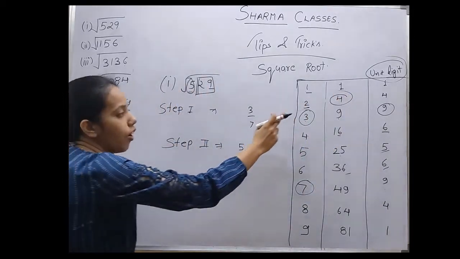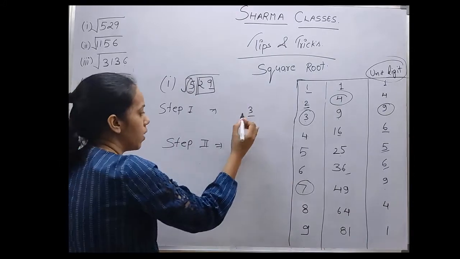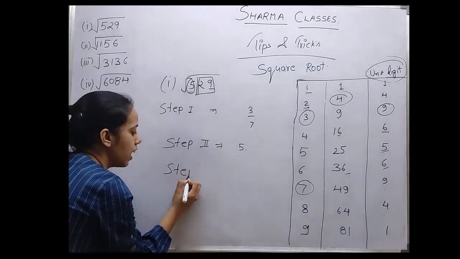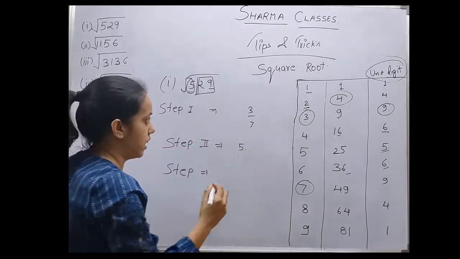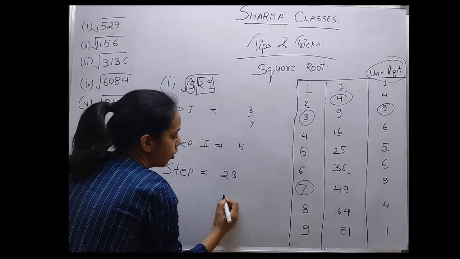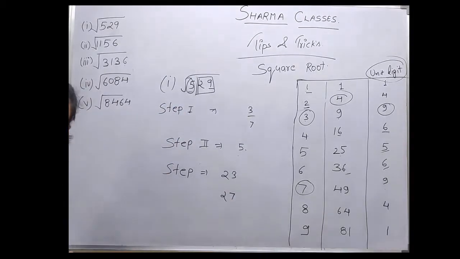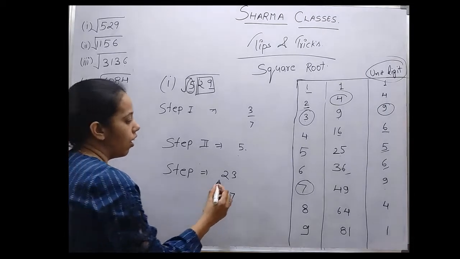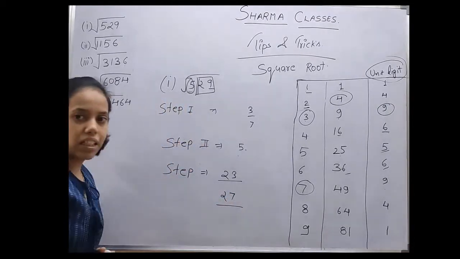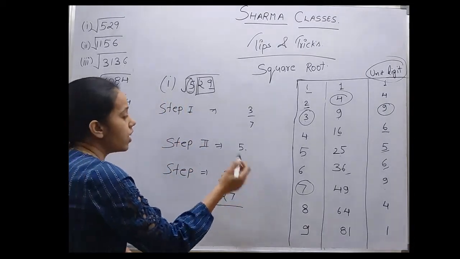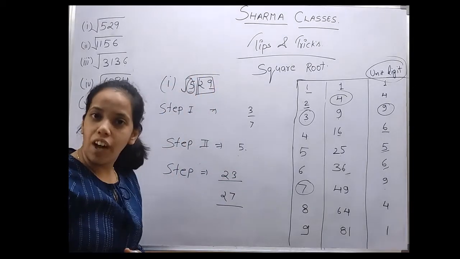That means step 3, we have 2 digits, 23 and 27. Now we have to compare these to find which is the perfect square root of 529.